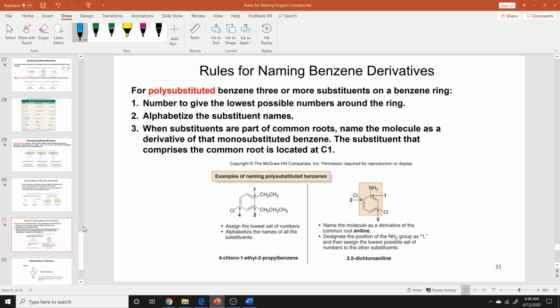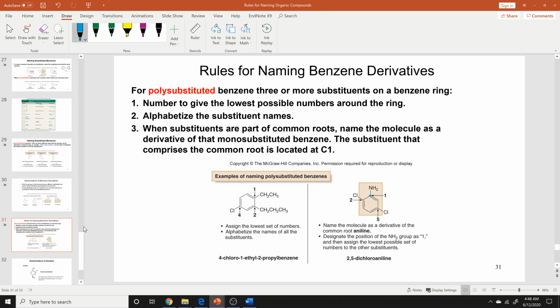So the carbon that is connected to the nitrogen gets number 1, and then you go along either this side or the other side, to pick the second substituent that is lowest in number. Please make sure the substituents have the lowest sum of numbers in there.